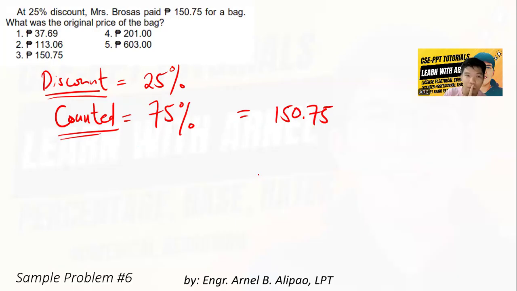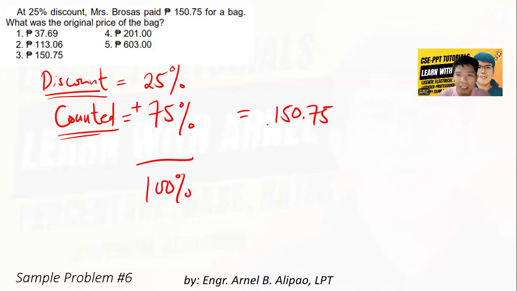So now, we are asked of the original price. The thing is, we just have to add this one: 25% plus 75%, the 100%. Meaning to say, no discounts. So that's the original price. Our challenge for now is to get the value of the 25%.